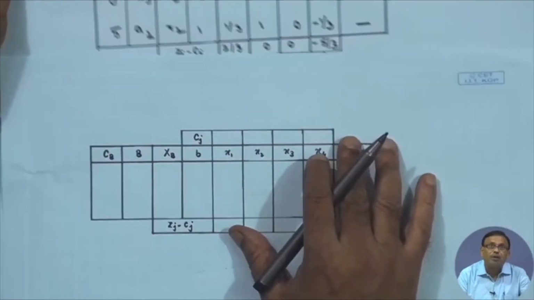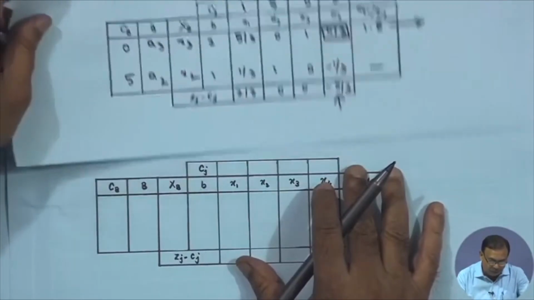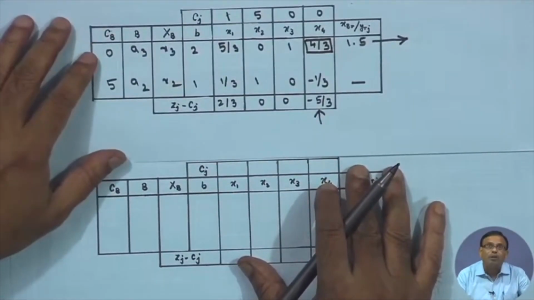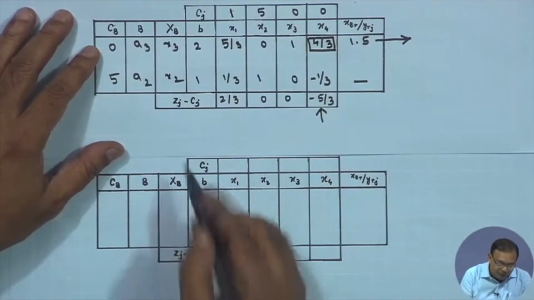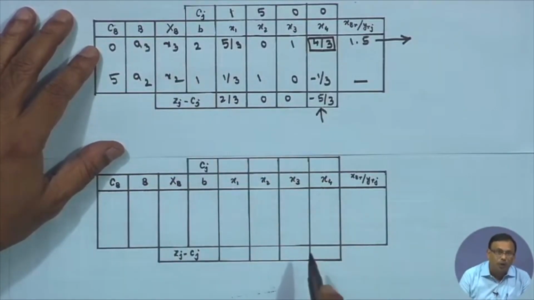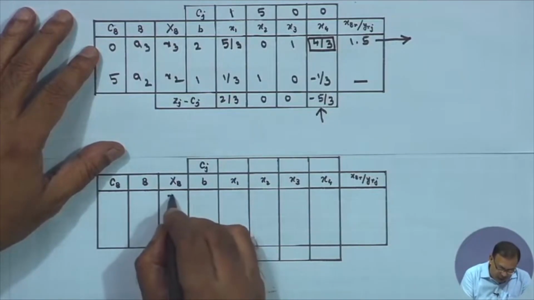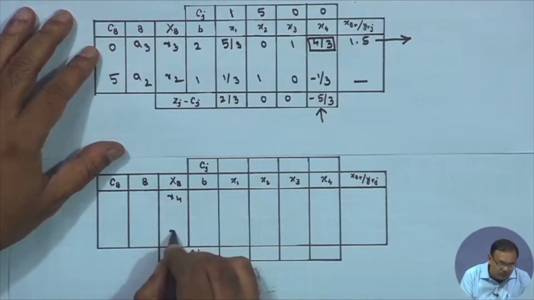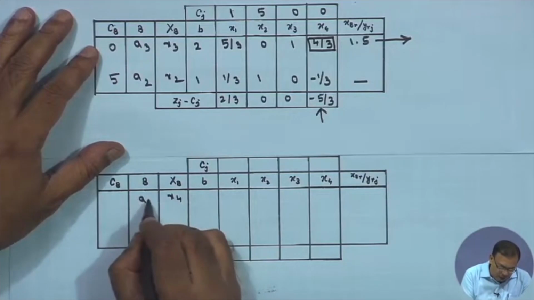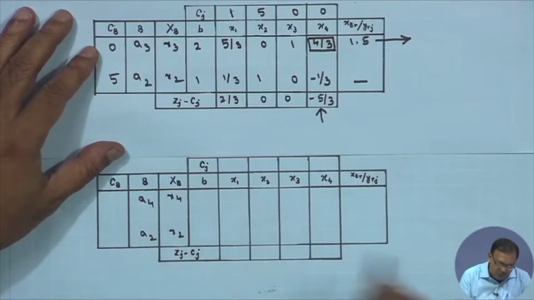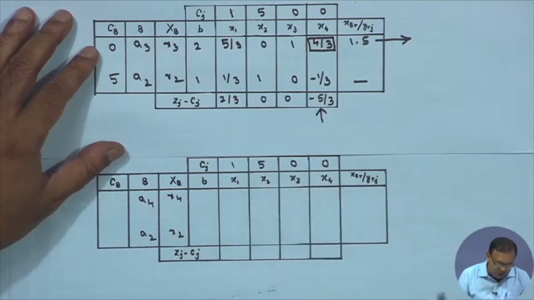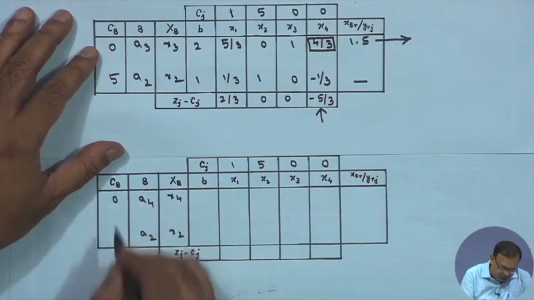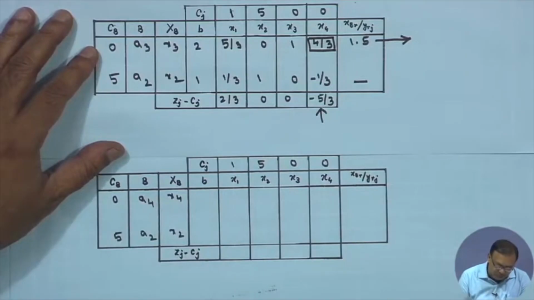I am just keeping both over here so that you can understand. Now, your x b will become x 4 and x 2, that is a 4 and a 2. Cj values remain the same, 1 5 0 0. Corresponding to this, the values will be 0 and 5.